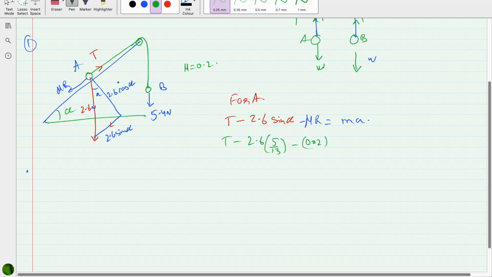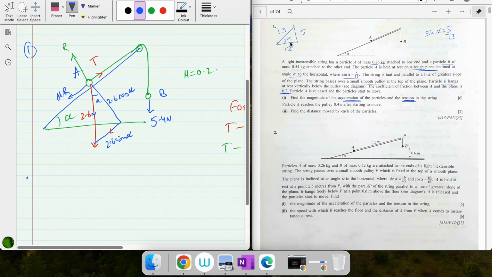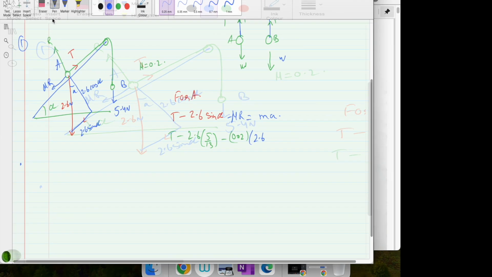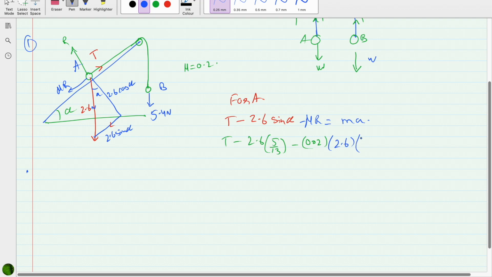We can find R. R in this case is equal to 2.6 cos alpha. There is no other force in this direction. So R is 2.6 cos alpha. Using the same triangle, cos alpha is 12/13. Mass is 0.26 and a. The only unknowns in this equation are T and a.